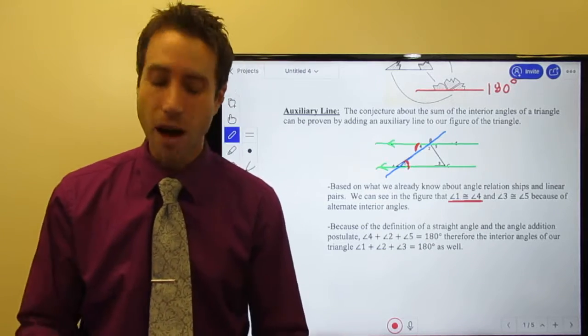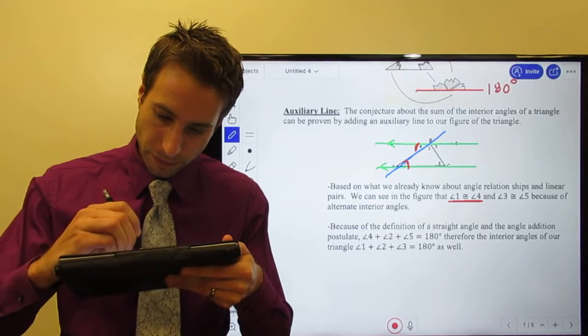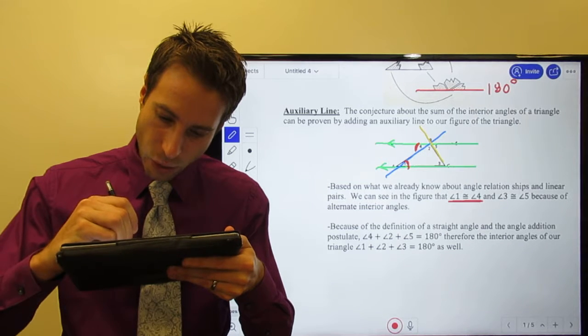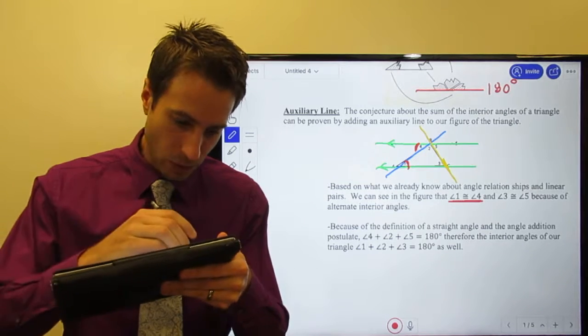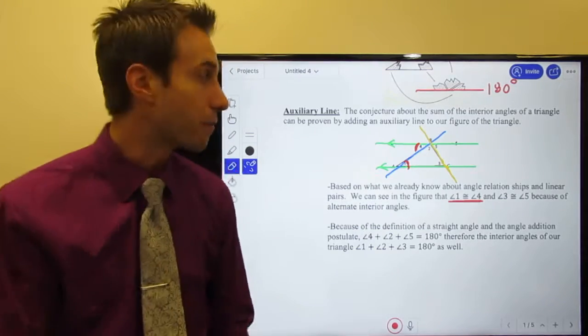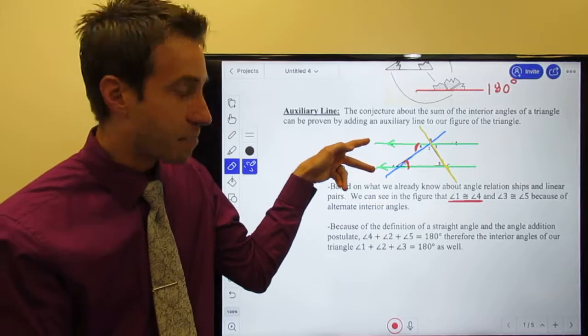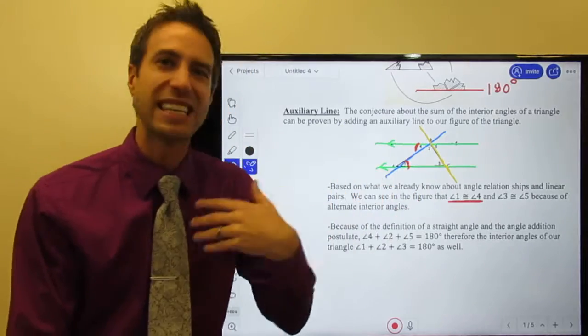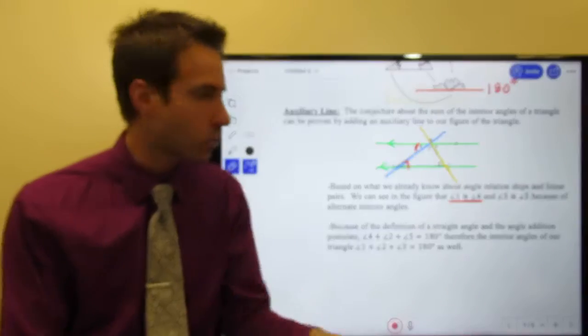But I have another transversal. Ignore that blue line for a second. I have parallel lines. These green lines are parallel. One of them is an auxiliary line, a line that I added to the diagram, but that's okay.